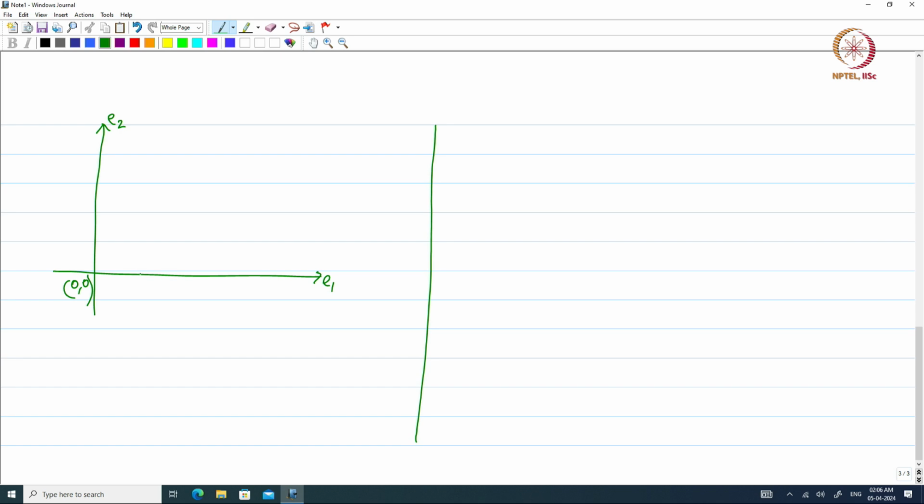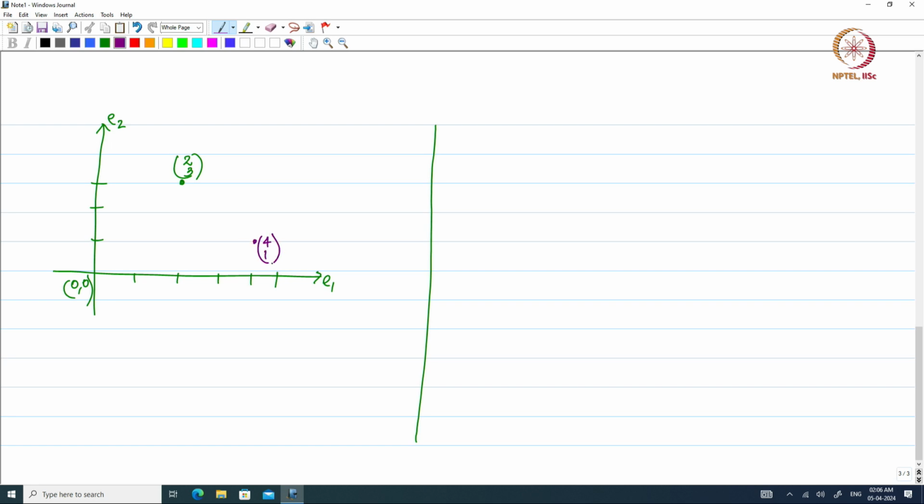Let me take this point (2, 3), and I want to move from this point to another point, let us say the point (4, 1).